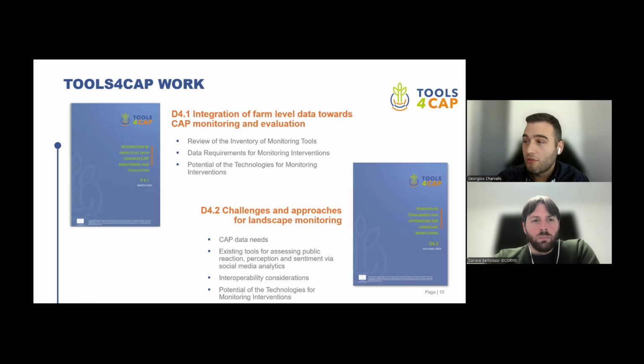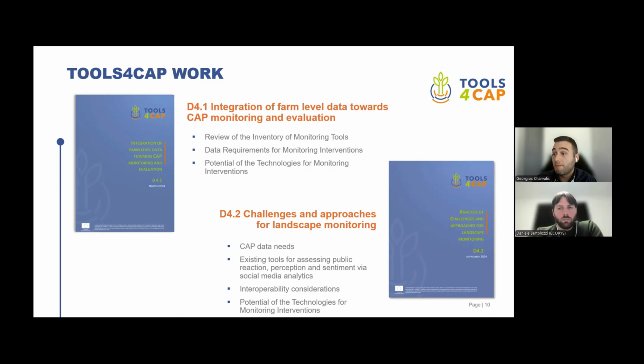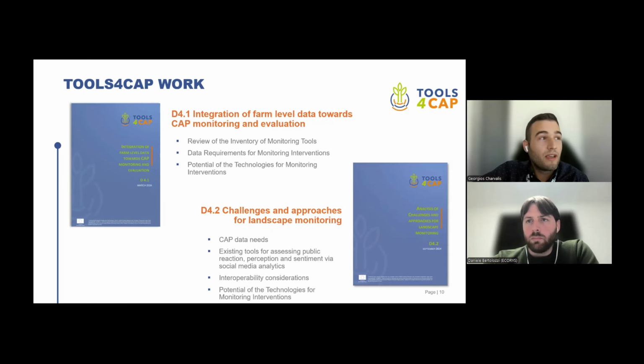In deliverable 4.2, you can see current CAP data needs and some existing tools regarding social media analytics. Essentially, part of the deliverable is interoperability considerations, because this is the main issue we identified, and also the potential of the initiatives already out there offering data for monitoring interventions.